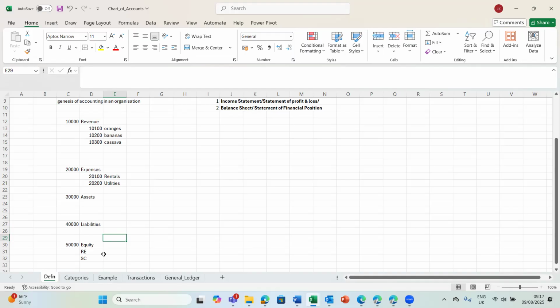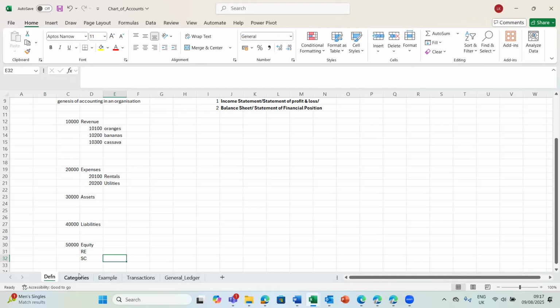And under equity, you can have retained earnings, that is profit we have not distributed to shareholders but still keep in the business for growth, if the business has to grow organically. And also share capital, that is the contributions of the owners of the business, what the owners put in.